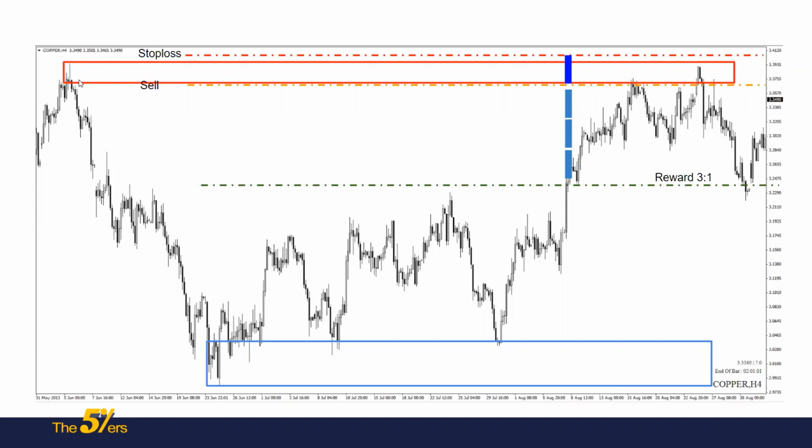And we see this example for price pushing up into the zone, and maybe later on, if price was testing again, it will penetrate more inside.